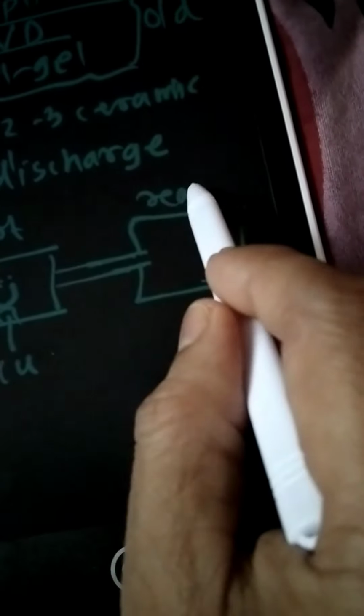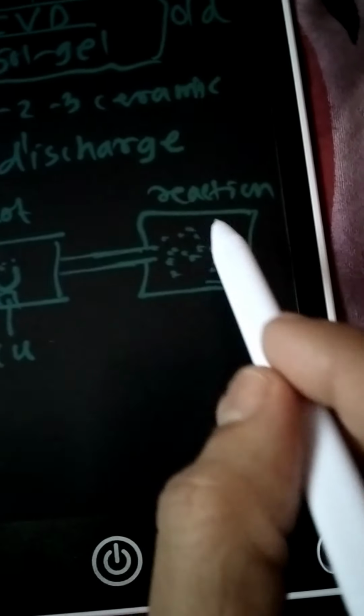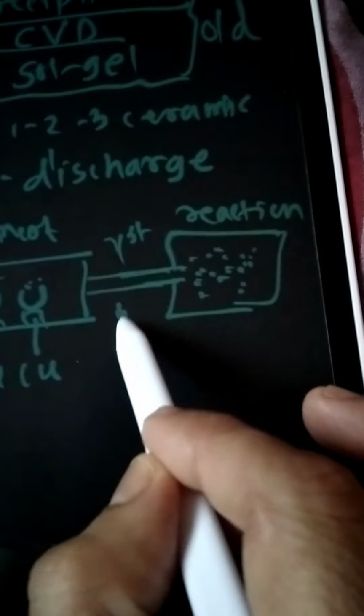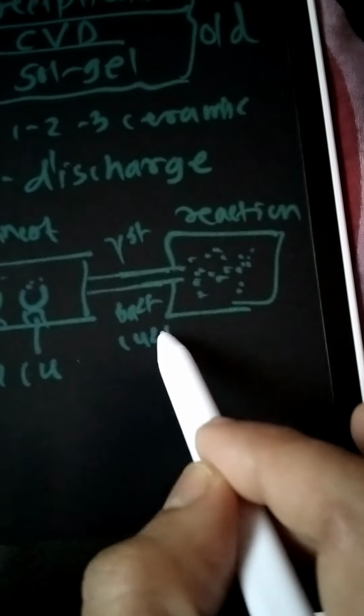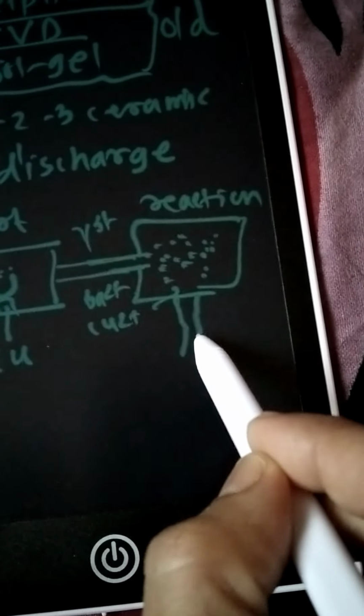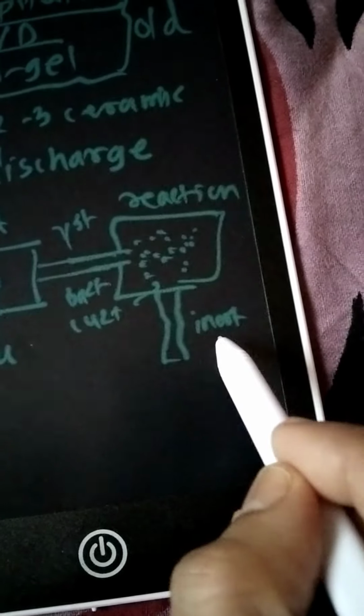In this reaction chamber, what happens? All the vapors of the metal complexes form ions. Yttrium forms a 3 plus ion, and barium and copper form 2 plus ions in that chamber. Those ions get oxygenated in the inert environment.